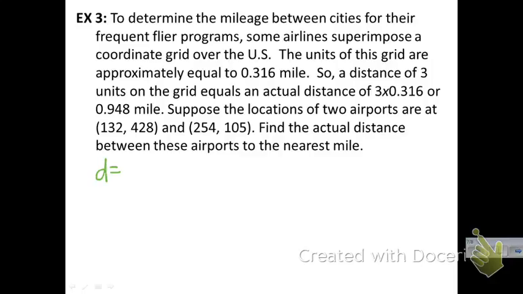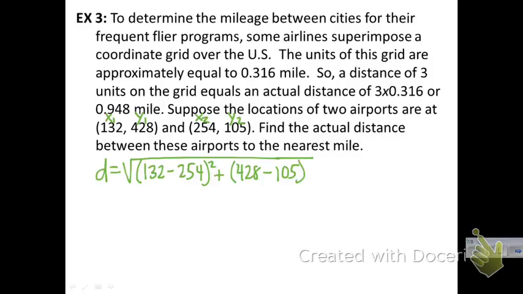So what we're going to do is call this 132 x1 and 428 y1, and the 254 x2 and the 105 y2. We're going to set up our formula and take x1, 132, minus x2, 254, square that, and y1, 428, and subtract y2, 105, and square it.